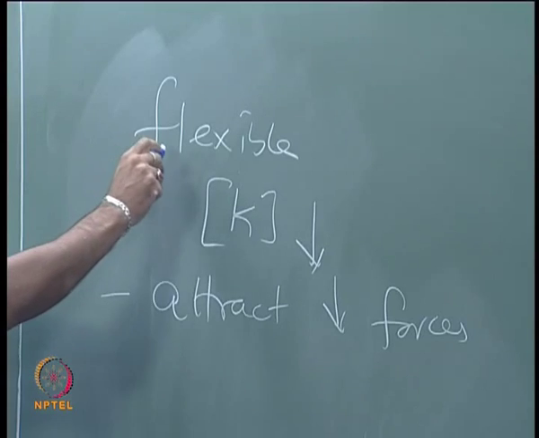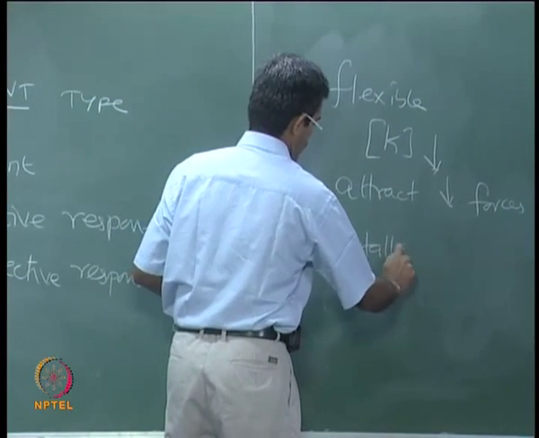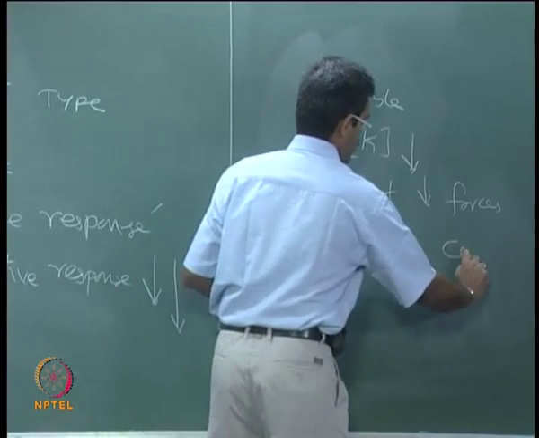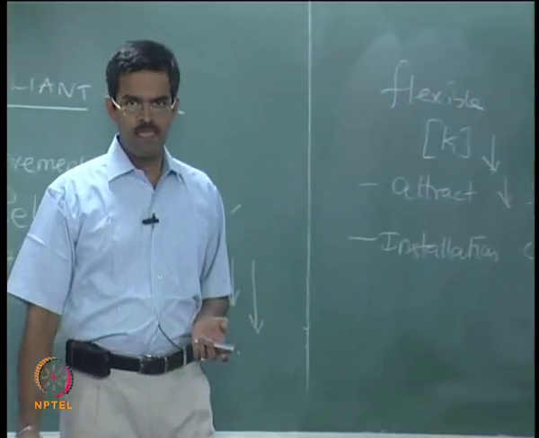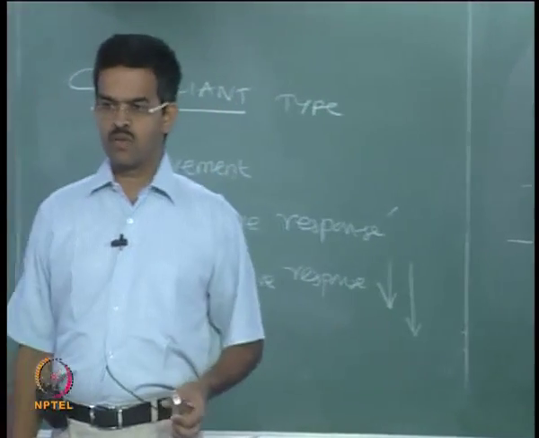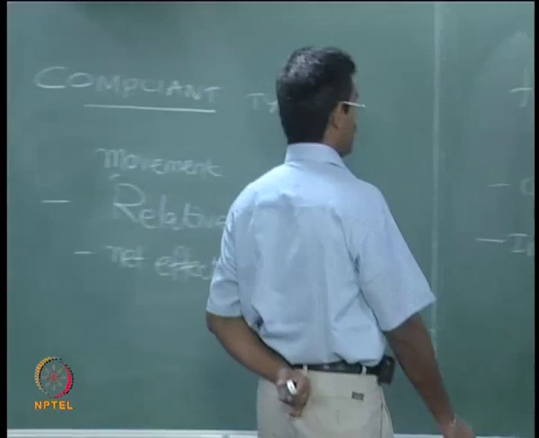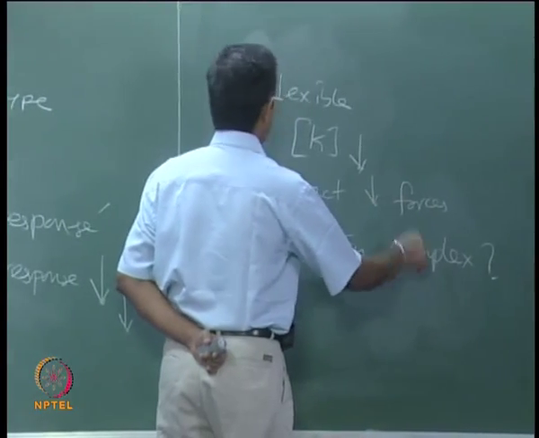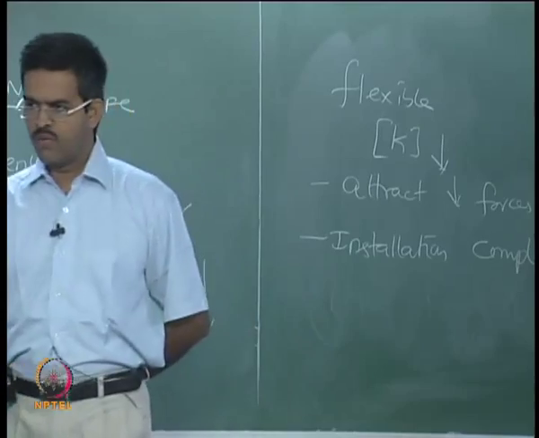Since the system is flexible, installation becomes complex. Why? Can you answer this? Why will installation become complex when the system is flexible? Imagine a floating ball or any floating body.